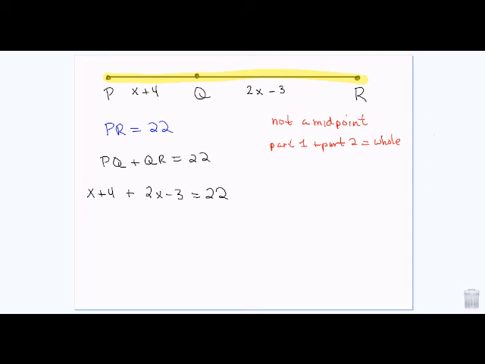Right. So now I want to collect like terms. X's match, so I have x plus 2x, so that gives me 3x. And numbers match, so I have 4 minus 3, so that's 1. And that equals 22.